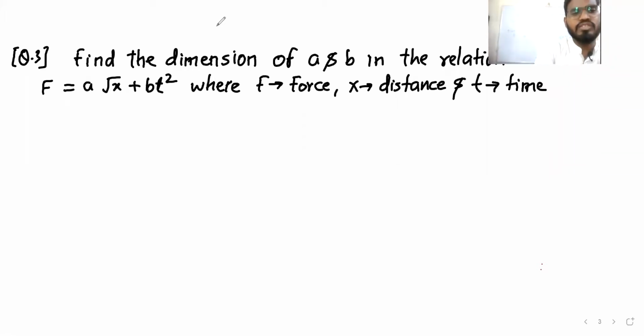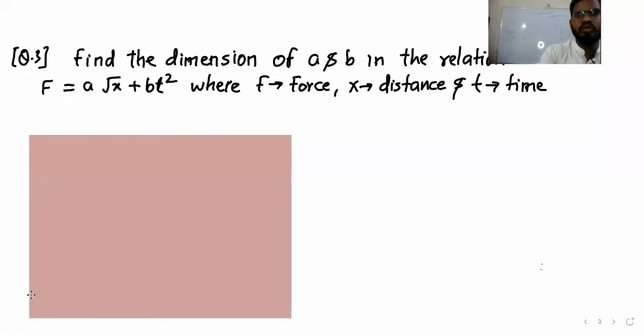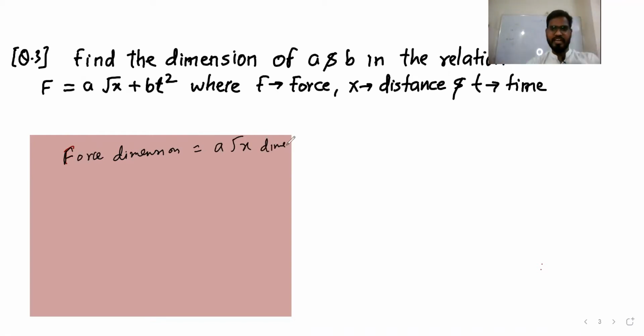So we can say the force dimension should be equal to A root x dimension, right? That LHS and RHS should be the same. So we can say that, right?